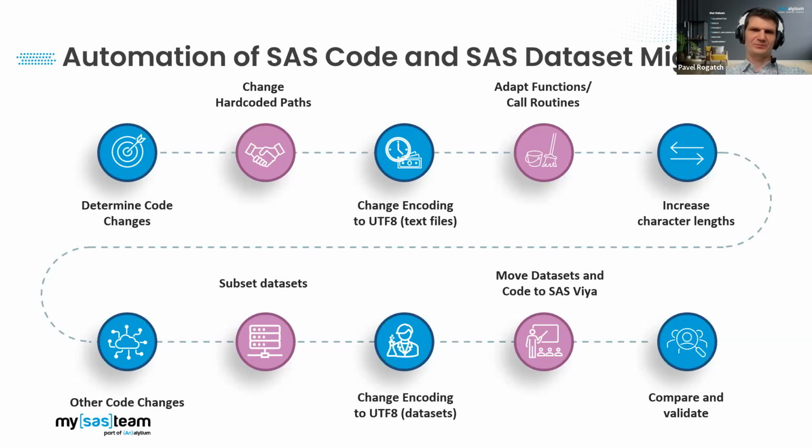Change hard-coded paths in SAS programs to fit a new folder structure. Change encoding of text files, including SAS programs, to UTF-8. Adapt functions and call routines in SAS code for SAS Viya. Replace them with key equivalents.